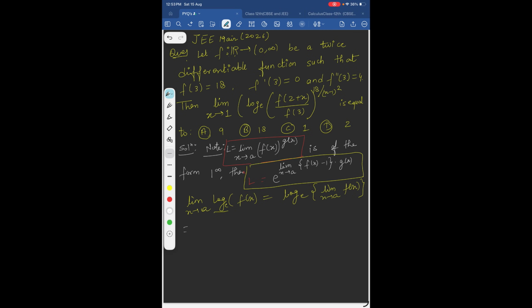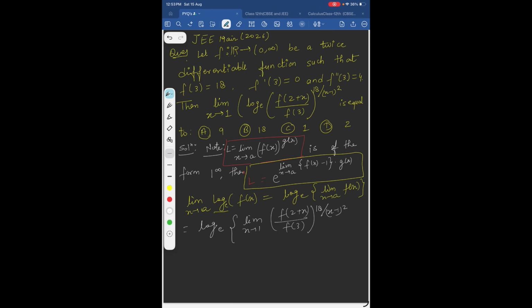By using this rule, this limit is equal to log of the given question, we can write as limit x tends to 1 of (f(2 plus x) upon f(3)) power 18 divided by (x minus 1) whole square.